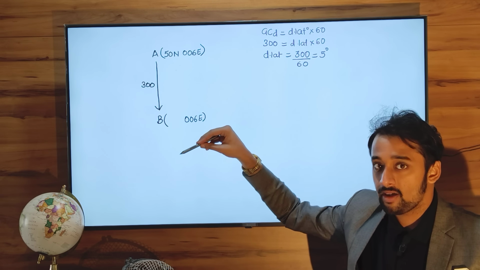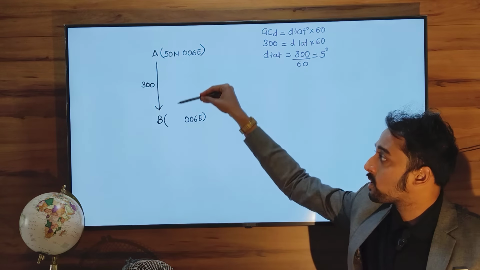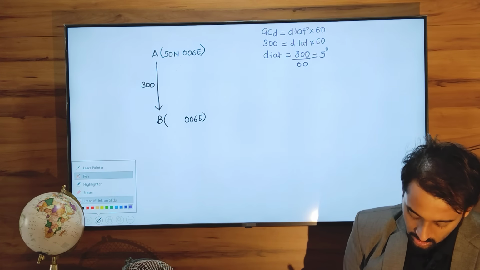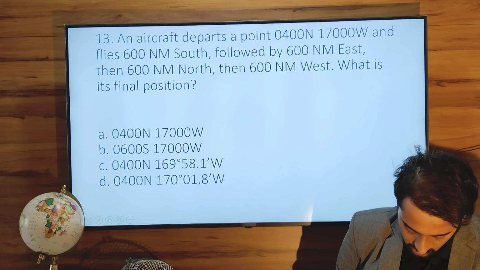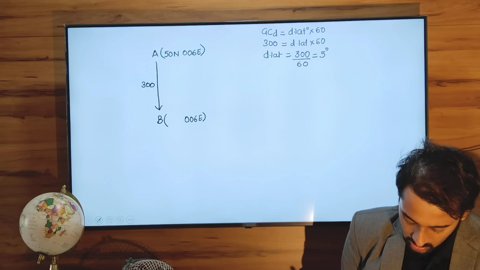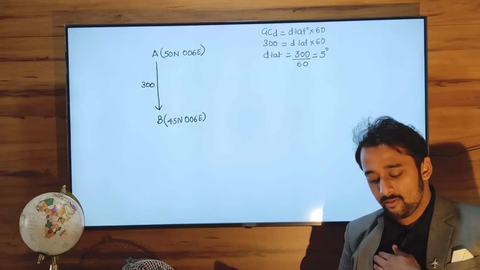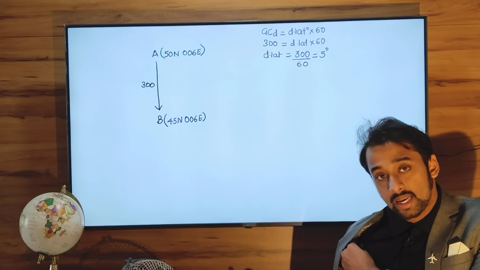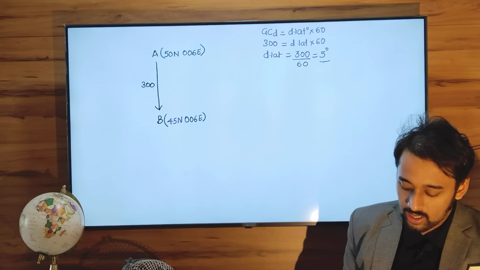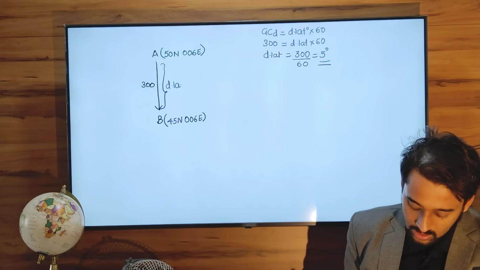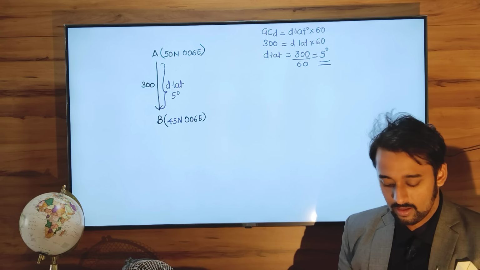So 50 north will become 45 north. Why? The difference in latitude, as we saw here, is 5 degree. D lat is 5 degree.